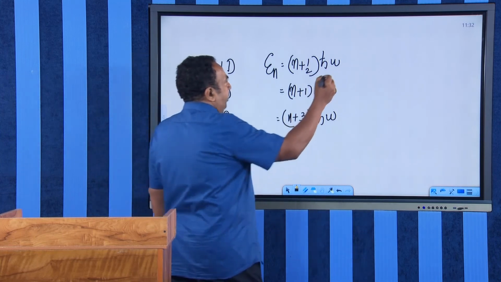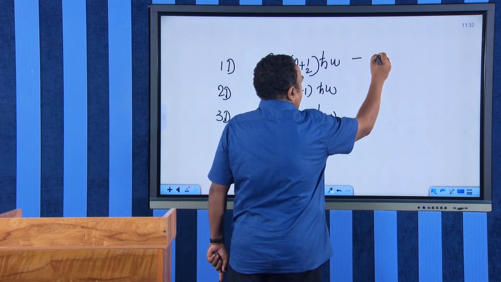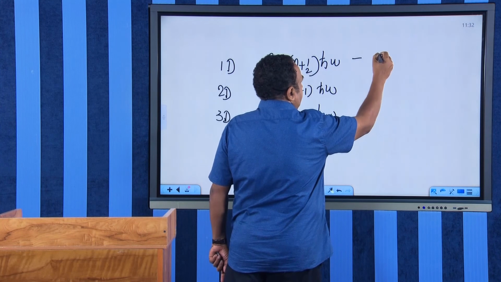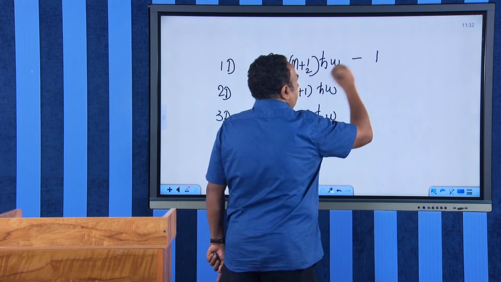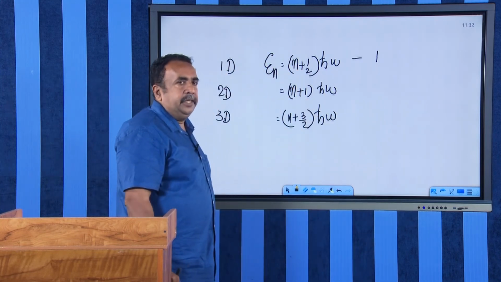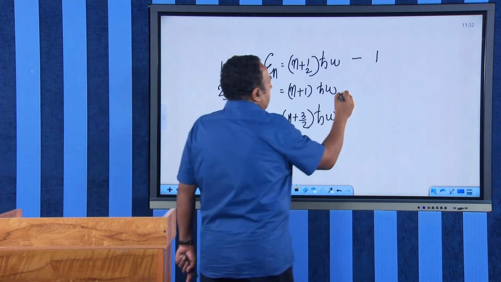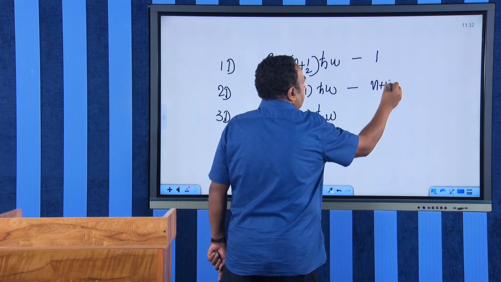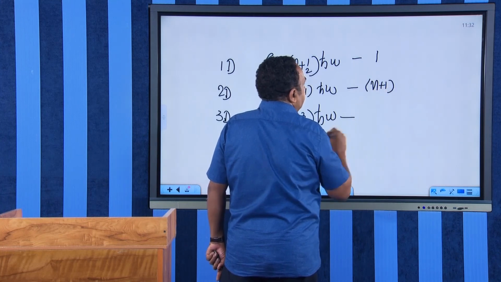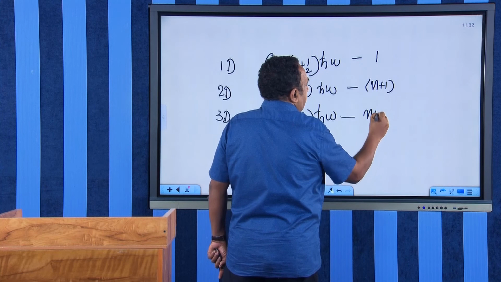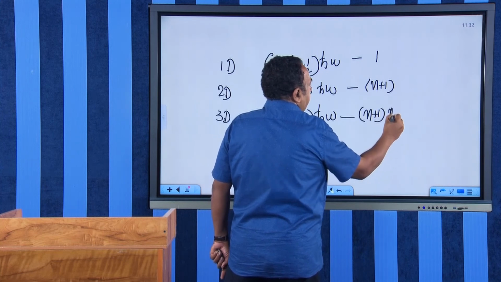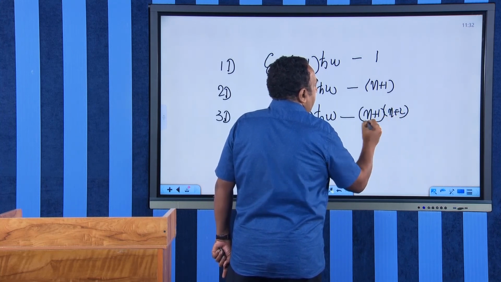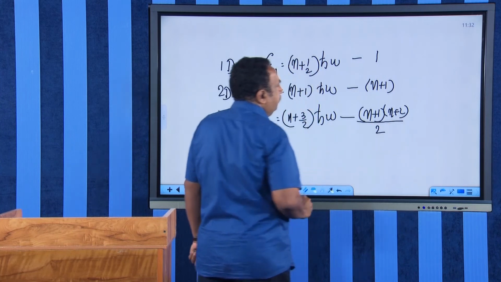In the quantum harmonic oscillator in one dimension, the degeneracy is 1. In two dimensions, the degeneracy is n plus 1, and in three dimensions it is n plus 1 into n plus 2 divided by 2.